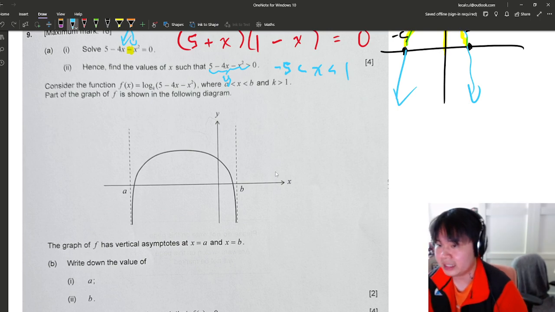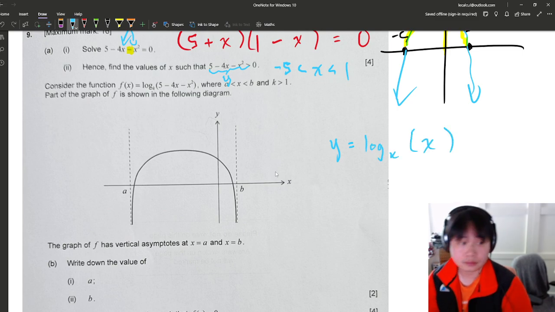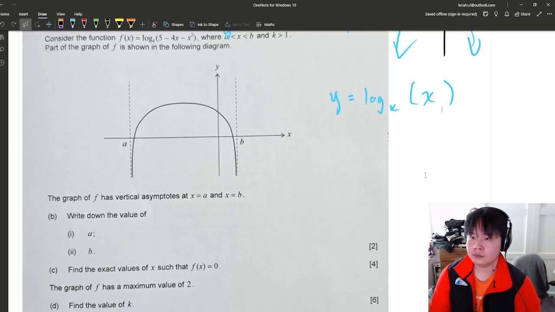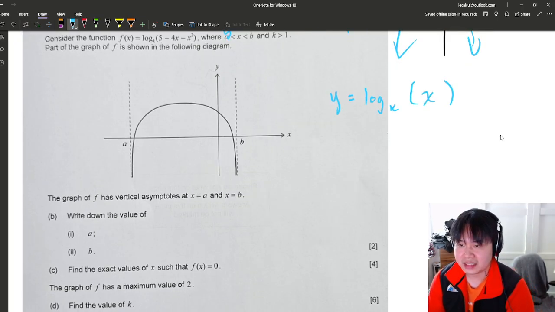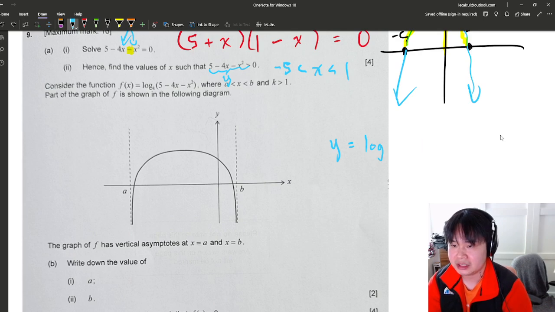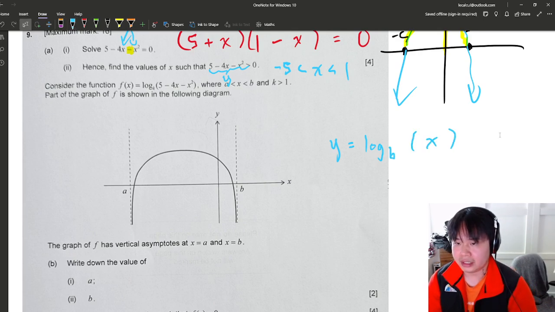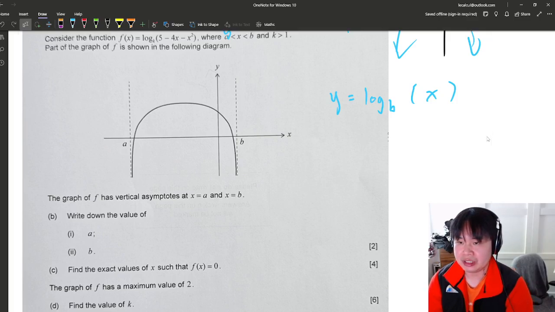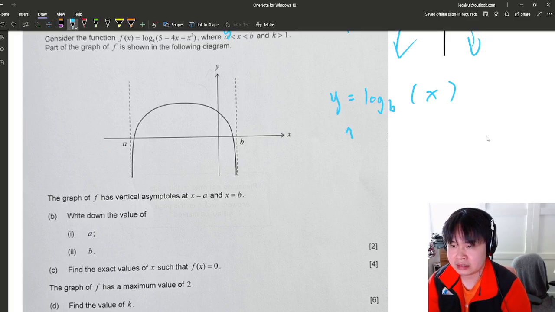First off, oh, that's a k as the base. You know what? Okay, let me change that to a b. Okay, first thing you need to know about log. X has to be greater than 0.